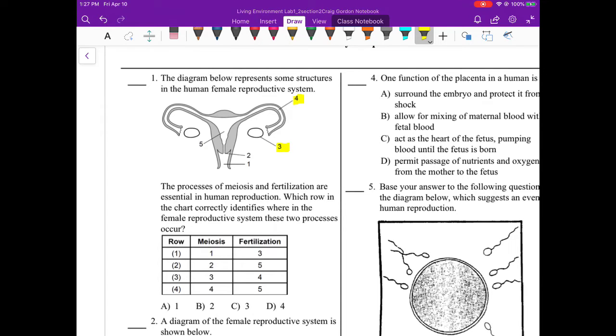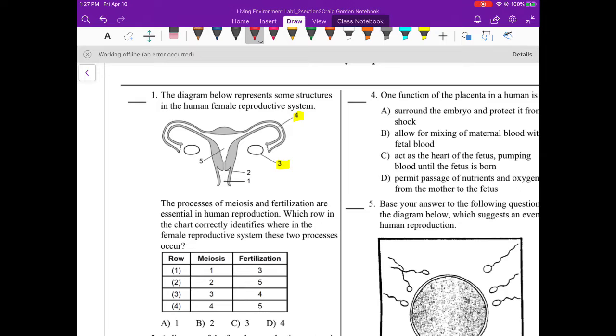3 is the ovary, which releases the hormone estrogen, and 4 is the fallopian tube, also known as the oviduct, and that's where fertilization takes place.